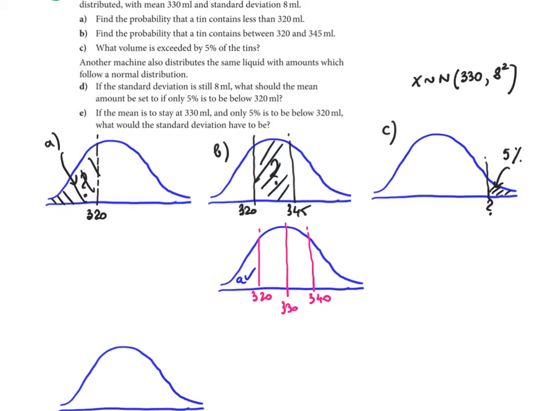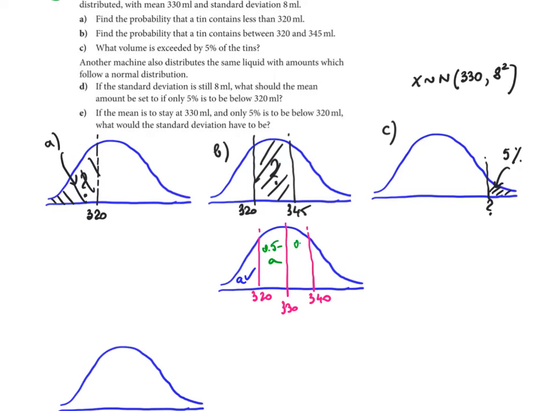And I would know that the probability from minus infinity to 330 is 50%. So this one will be 50% minus A, because see, the whole thing here is 50%.